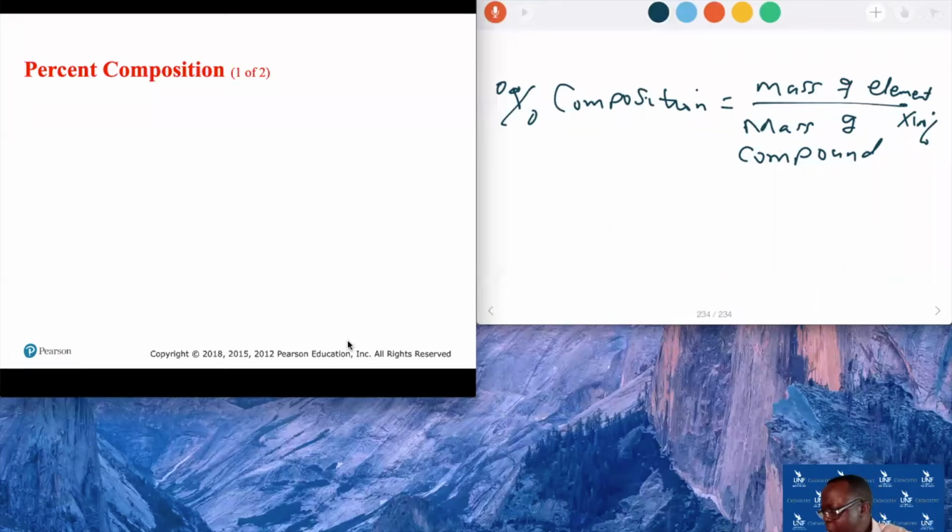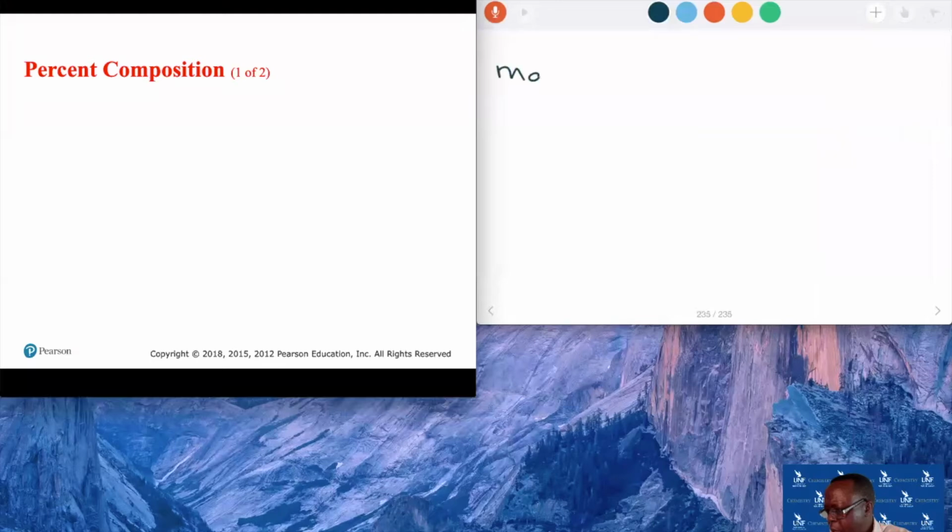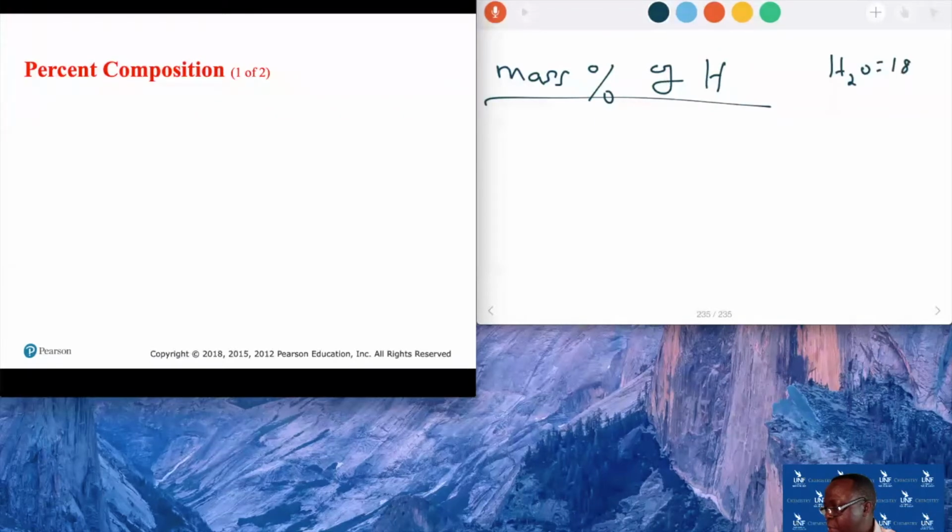For example, here, if we have H2O and we are asked to find the mass percent of hydrogen in the molar mass of H2O, given that the molar mass of H2O is 18.02, remember it's grams per mole.